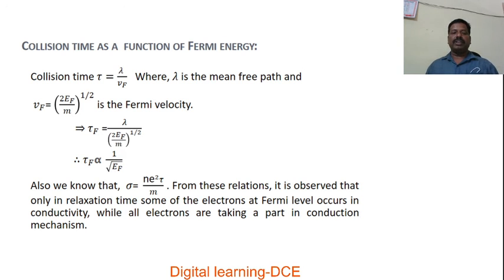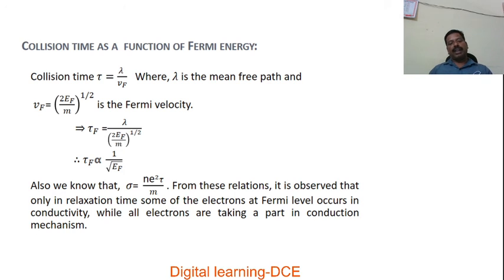Now if we solve for tau f, that is collision time at the Fermi level, then tau f is equal to lambda divided by (2Ef by m) to the power of half, substituting the value of Vf. Here we found that the collision time tau is inversely proportional to the square root of Fermi energy.